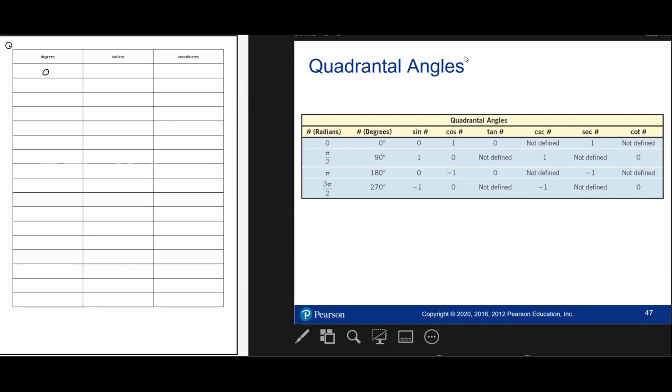We have the 0 degrees, and then we have the 30 degrees, and the 45 degrees, 60, 90, and then 120 degrees. I did one of these one time, and I totally skipped some of them. It's when I was running through it. Not in class.